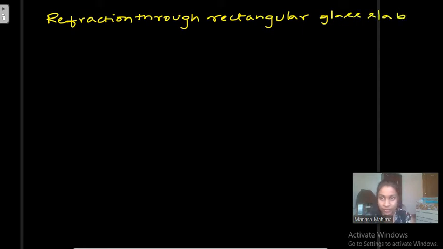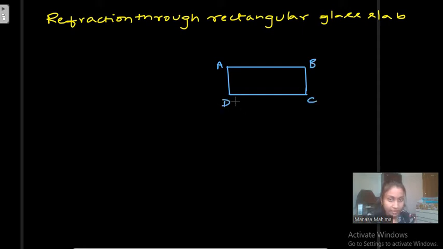First, we have to take the rectangular glass slab and denote it as A, B, C and D. First we consider an incident ray, which I will designate as E and F. This incident ray meets the rectangular glass slab at the point O. So I will write O here.